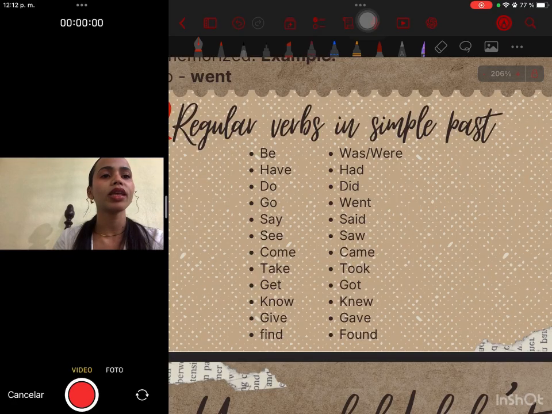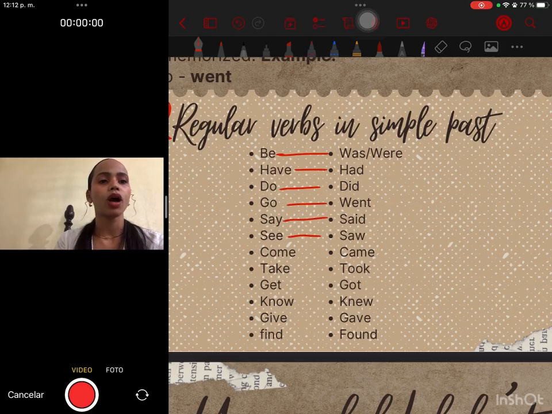Be is was, were. Have is had. Do is did. Go is went. Say is said. See is saw. Come is came. Take is took. Get is got. Know is knew. Give is gave. Find is found.